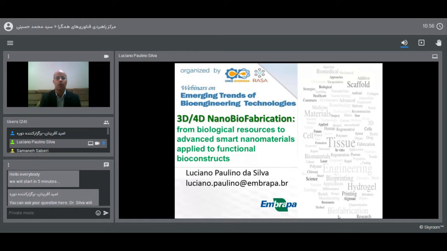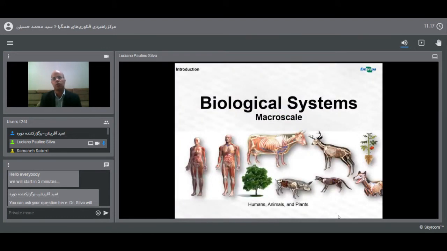We have performed rigorous studies ranging from biological research to advanced smart nanomaterials applied to develop functional bioconstructs. Our main approaches are related to biological systems that we can see at the macro scale, in which we can see humans, animals, and plants.